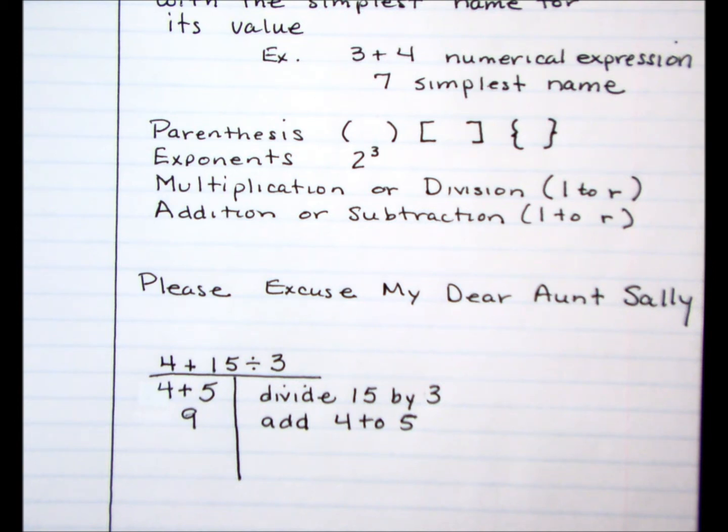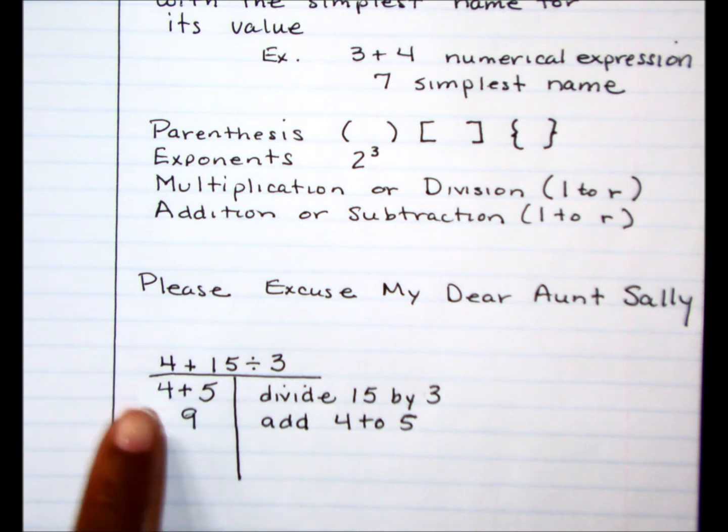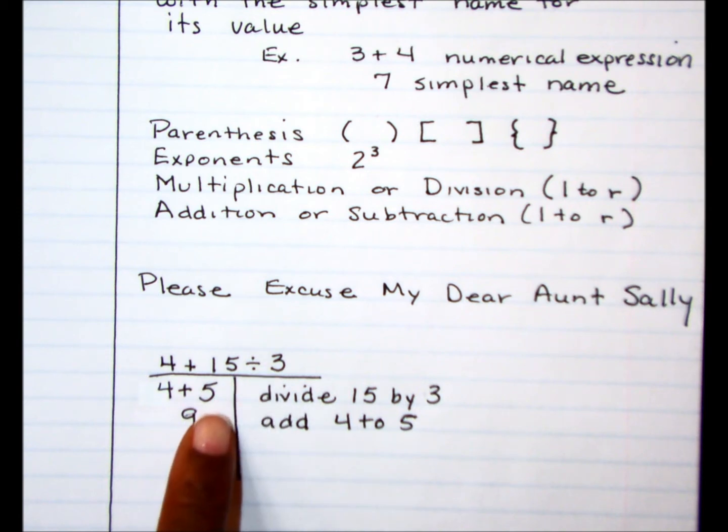But that would be incorrect, because the order of operations says that we have to do multiplication or division before we do addition or subtraction. So the first step would be to divide 15 by 3, and that would give us an answer of 5. So we have 4 plus 5. We simplified that, we got 5. Now we're going to simplify 4 plus 5, and we will get 9. Okay, that's a very simple order of operations problem, and ours are going to be a little more complex.